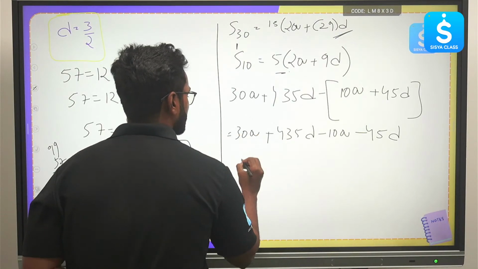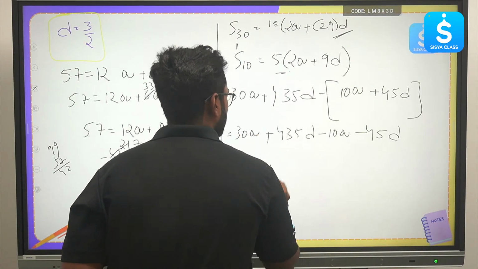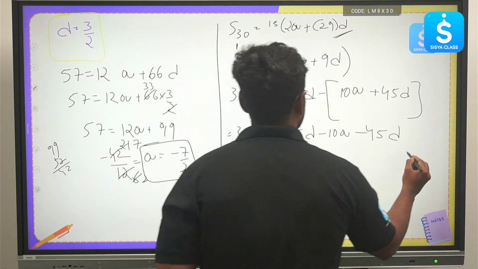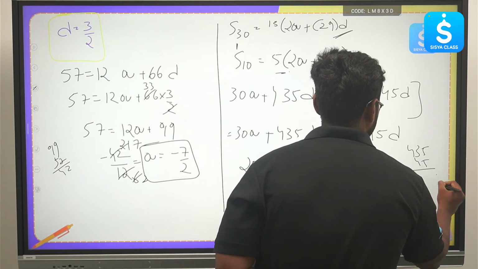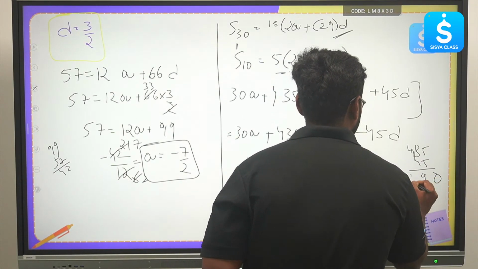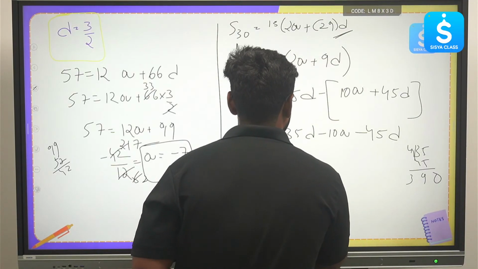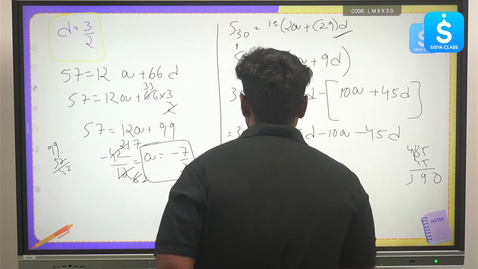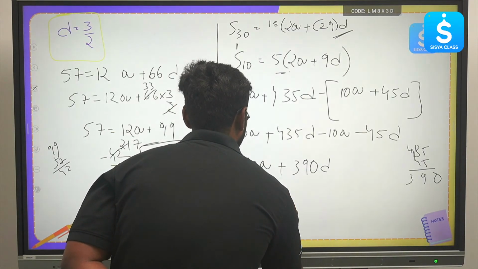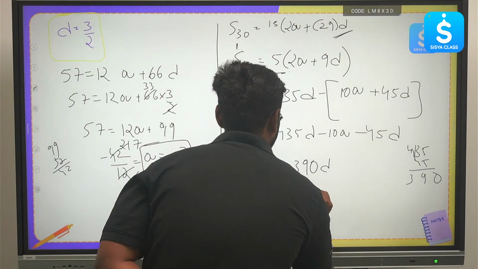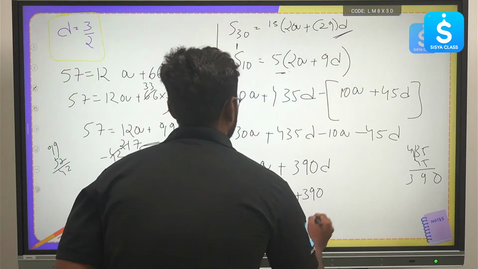So, this should be 20A plus 435 minus 45, this should be 390D. Let us put the values now. 20 into minus 7 by 2 plus 390 into 3 by 2.